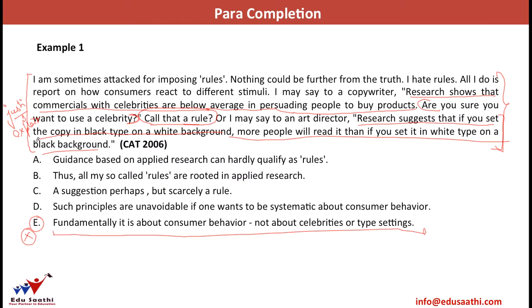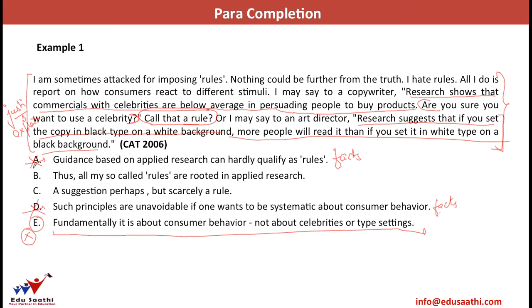If I read options A and D, they are facts. And the tone of these two is factual. But the tone of my passage is justification or explanatory. Since both of them mismatch, I'll remove these two alternatives as well.